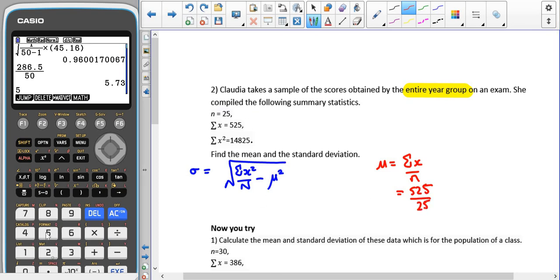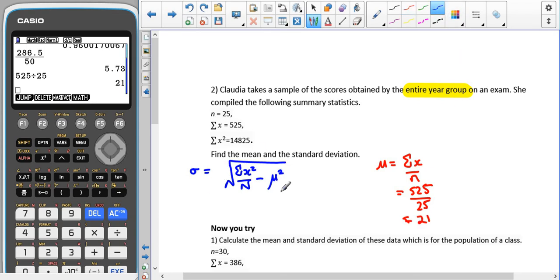So 525 divided by 25 gives us 21. And then we can put our values into our formula here. So the standard deviation is going to be the square root of the sum of x squared, which is 14,825, divided by n, which is 25, minus the mean, which is 21, squared.